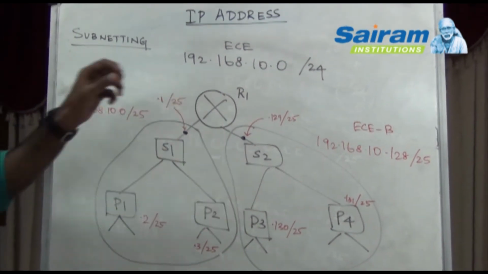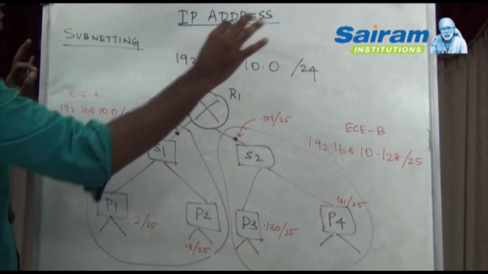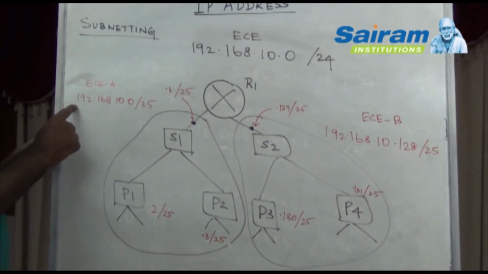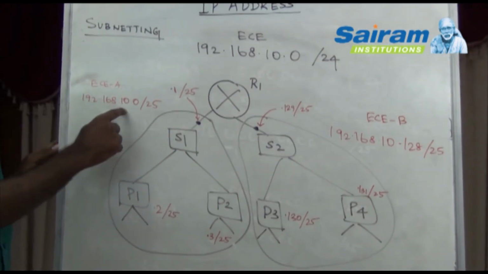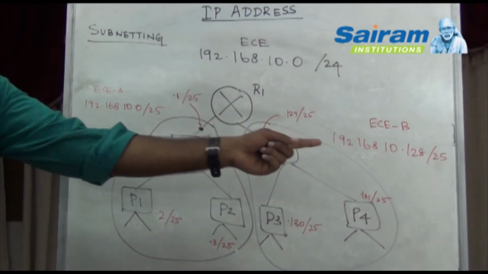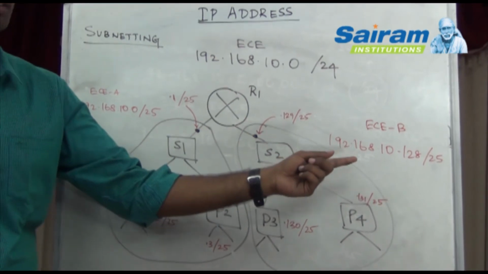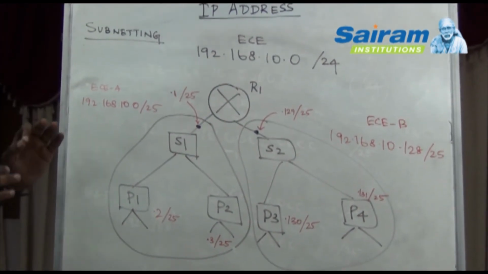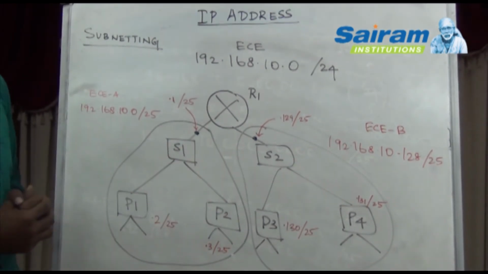Now, we have to divide this network into 2, which is ECEA and ECEB. From our example, the ECEA network was 192.168.10.0/25. Similarly, the ECEB was 192.168.10.128/25. Now I have to assign the addresses to the individual devices, right?